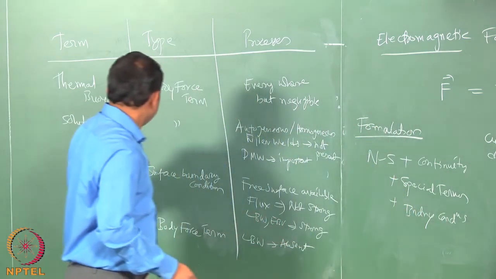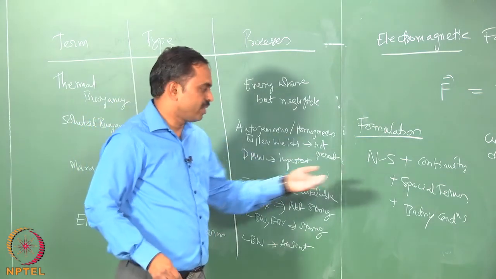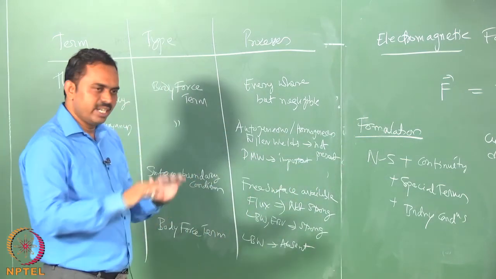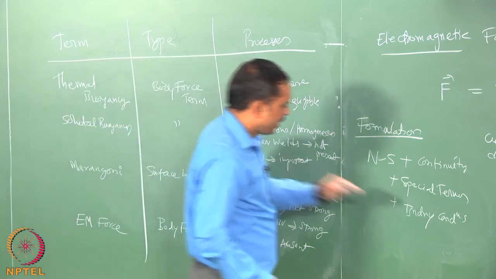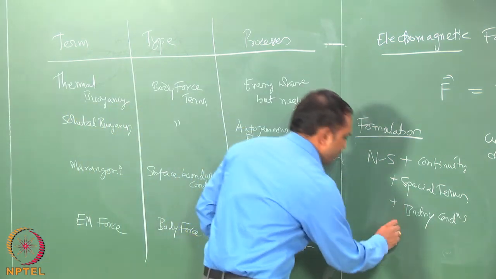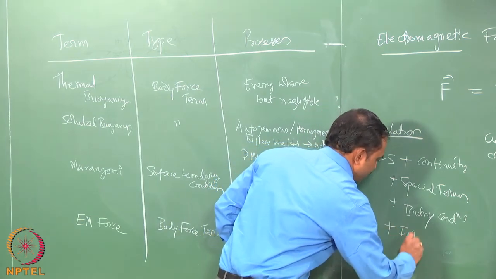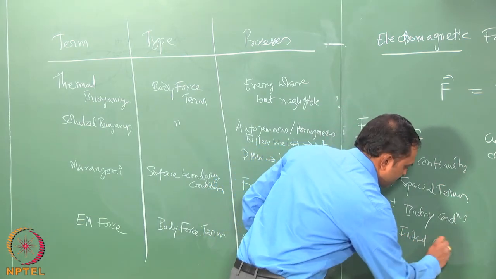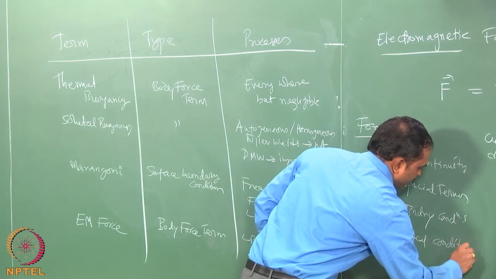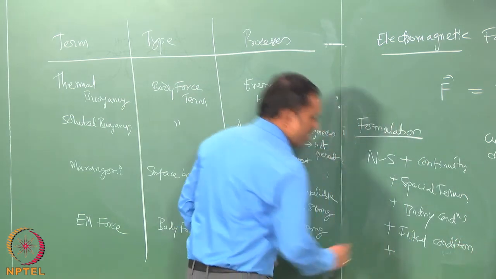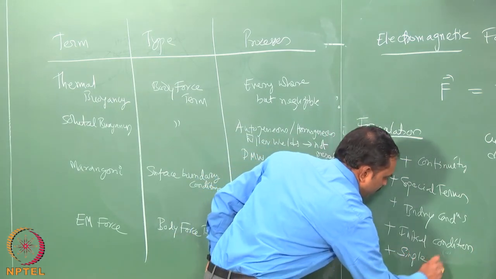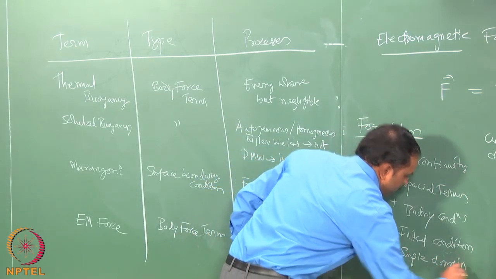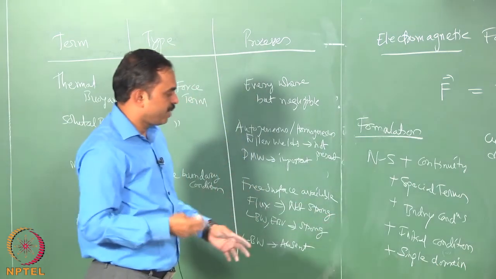In the case of Marangoni you have a special boundary condition, otherwise a no flow condition or rigid body condition or no slip condition, etc. They can be the boundary conditions, and then you have the initial conditions which are simple because initially everything is at 0. Okay. And you have special terms also to take into account the single domain approach, the terms that are required to make it a single domain.